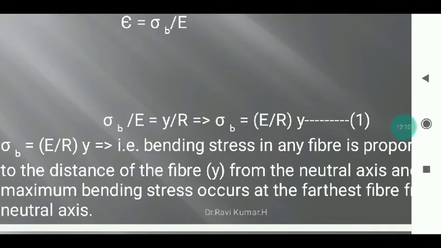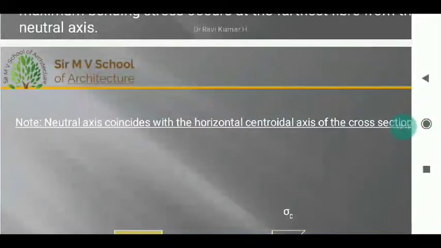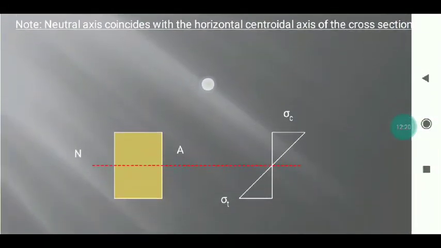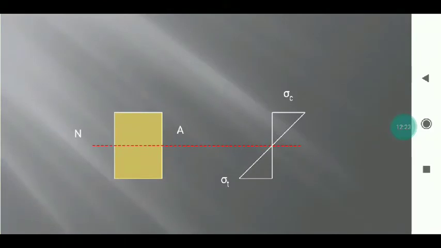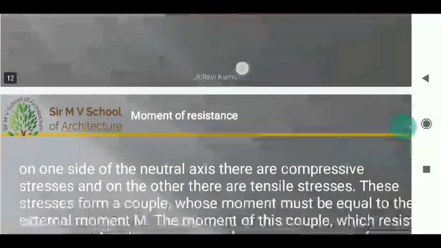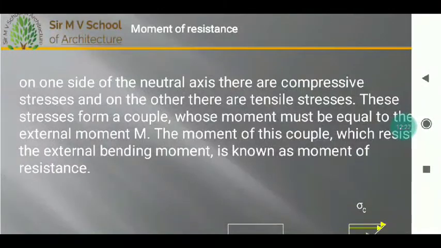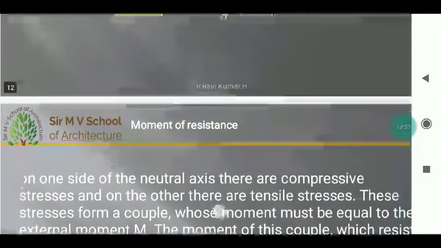Then in the same way, now we will talk about the neutral axis. The neutral axis coincides with the horizontal central axis of the cross section. So hence, on one side of the neutral axis there is a compressive stress, on the other side there is a tensile stress.